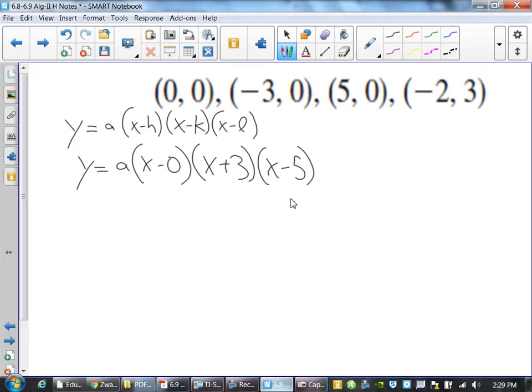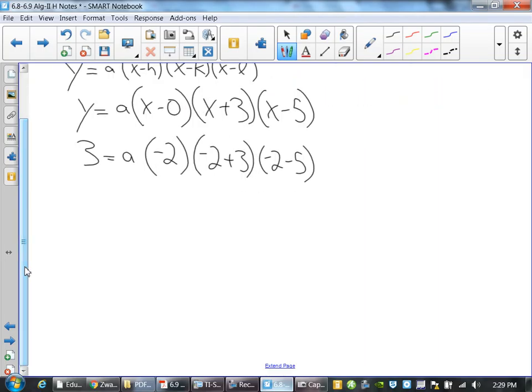Okay. So when I go to the next value here, what do I substitute in? Negative 2 for x, and then you have negative 2 times 1 times negative 7.